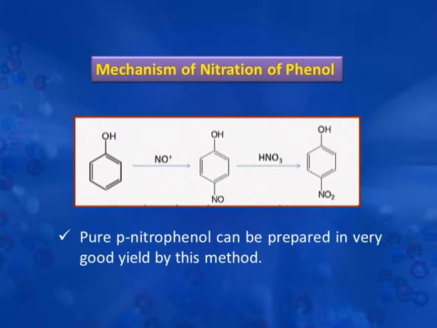Because of this, it has been found with the help of evidence that phenol is first converted to para-nitrosophenol, and then para-nitrosophenol is oxidized by nitric acid to para-nitrophenol. Pure para-nitrophenol can be prepared in very good yield by this method.